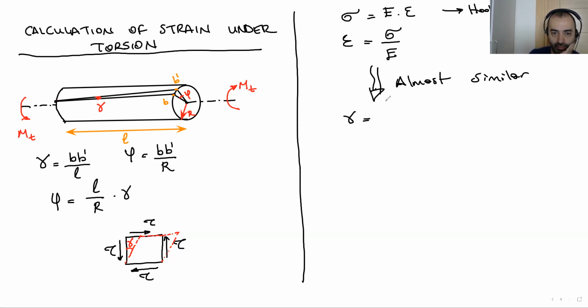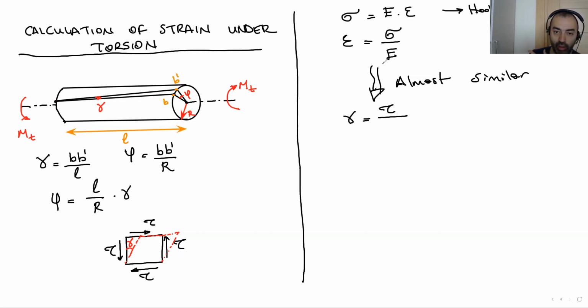Let's write the equation. The shear strain equals the shear stress, tau, at the top, over, at the bottom, the modulus of elasticity in the axial stress case.